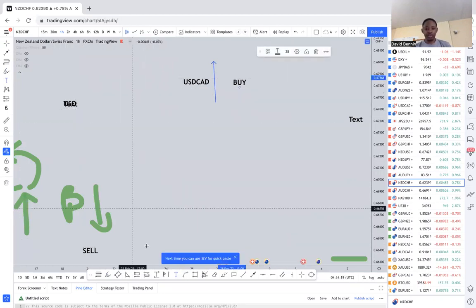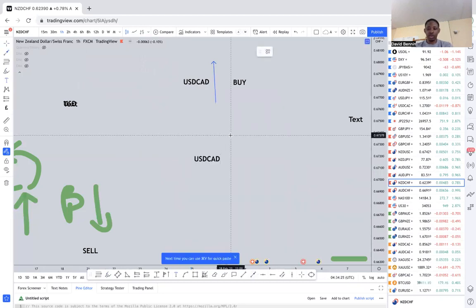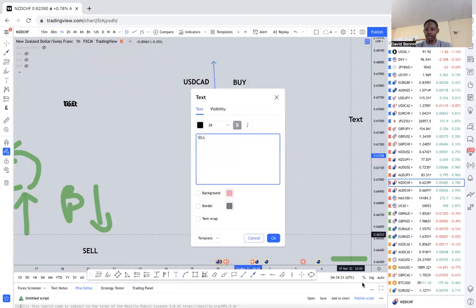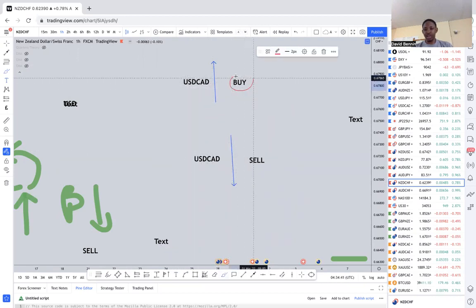And if you have USD, Canadian dollar going down, then your decision as a trader is to sell. But what you need to know from what you've learned is that if USD Canadian dollar is pushing up and you are buying, then you should know that it is the US dollar that is causing this up movement for you to buy.